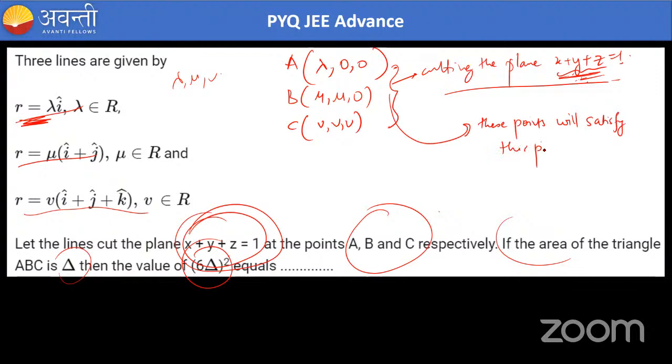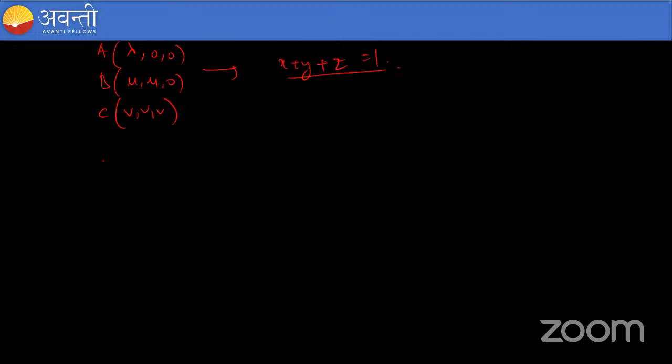Point A was (λ, 0, 0), point B was (μ, μ, 0), and point C was (v, v, v) in the plane x + y + z = 1. So we substitute them: λ + 0 + 0 = 1, μ + μ + 0 = 1, v + v + v = 1.